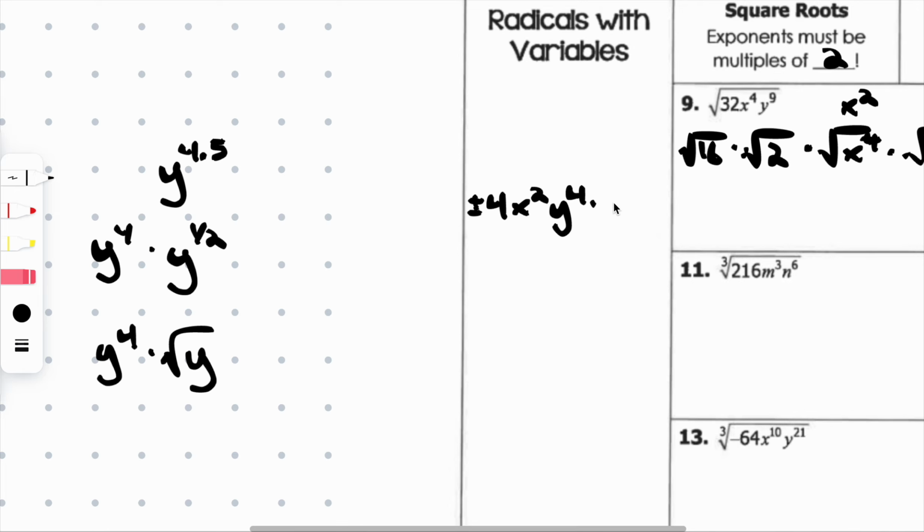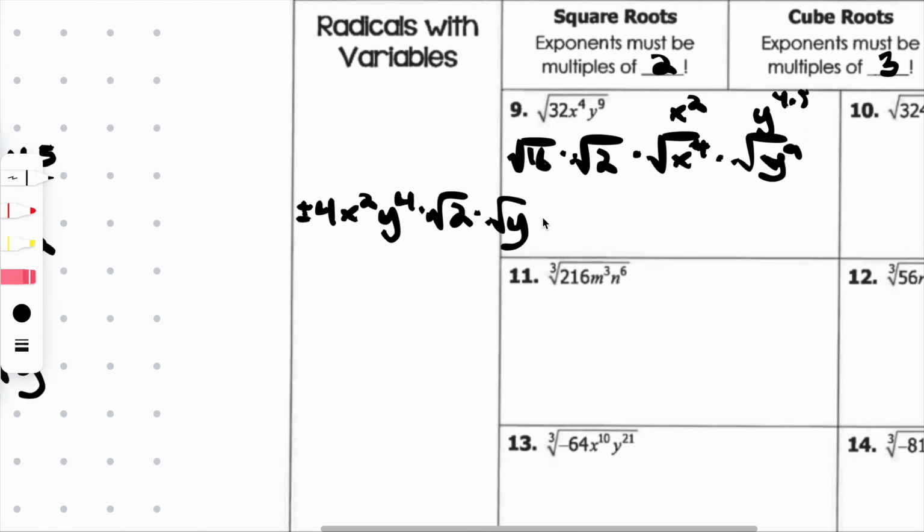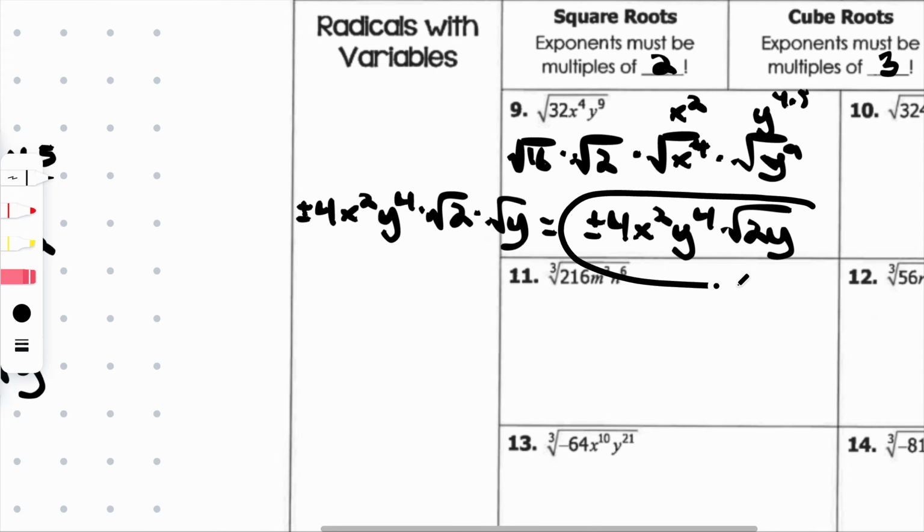And this is still going to be multiplied by root 2 times root y from here and here, respectively. And that's just going to come out to the same first part, 4x squared y to the 4th. And then when we multiply root 2 and root y, we can just say root 2y. Okay? Something like that.